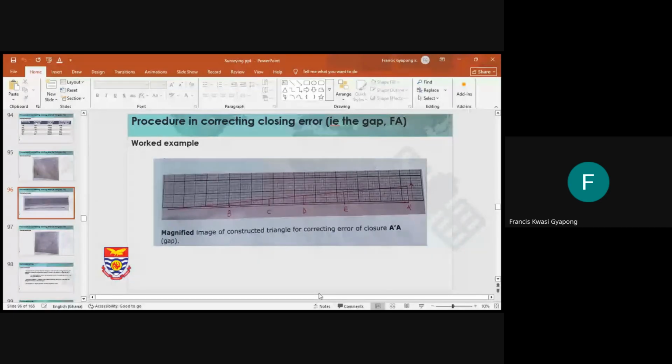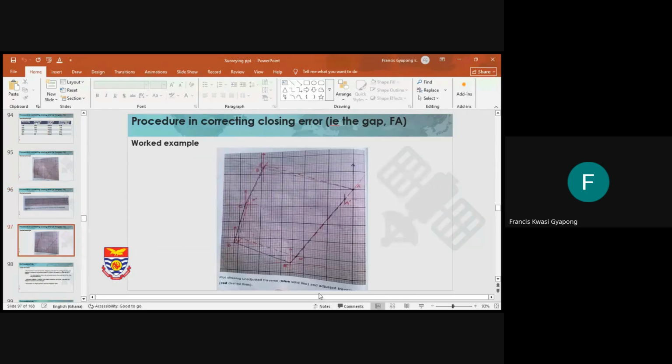If there's no problem, let me show you what we have done. As for what is on your screen, you know it already, but this is what we have done. Look at the diagram on your screen.